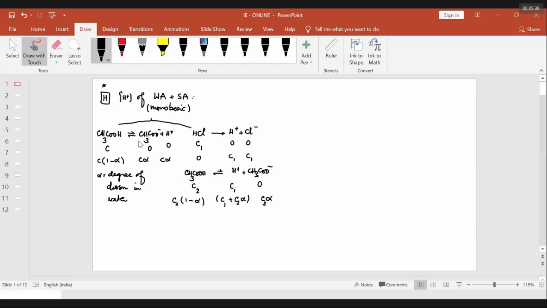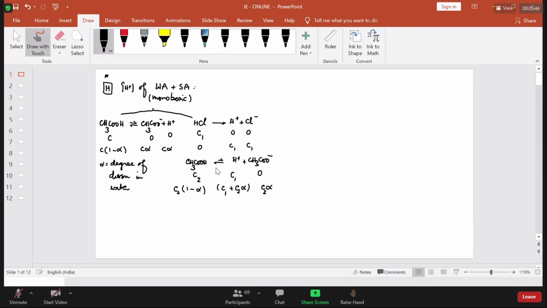Earlier, the rates of forward and backward reactions were the same. But now the degree of dissociation is suppressed, and once it is suppressed, this is not the alpha value. This is a new value of alpha, so we identify it as alpha dash. And what is alpha dash?